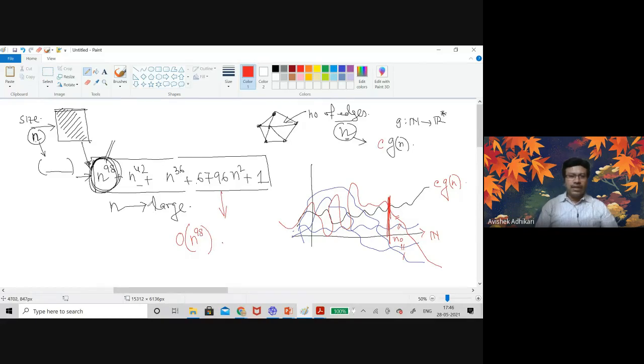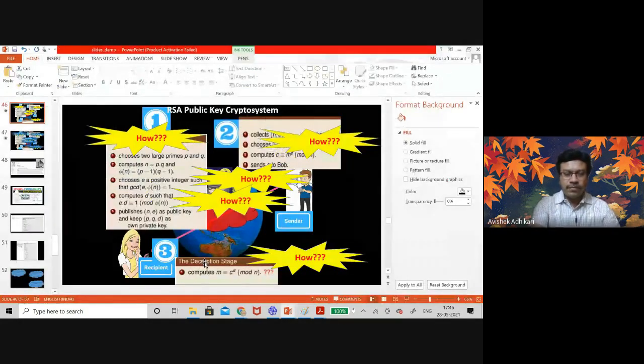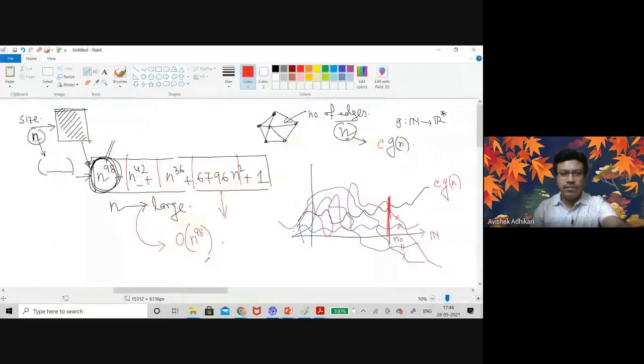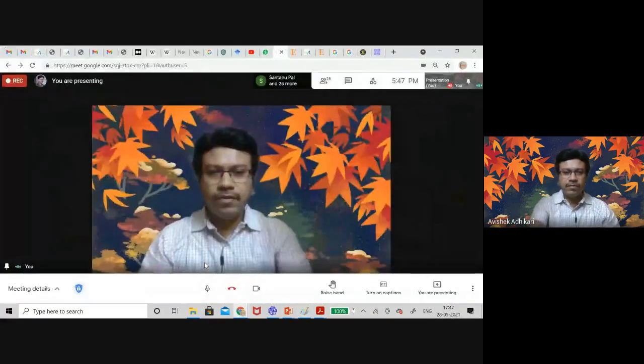In that case, you do not need to find the exact values. You can provide an expression of this upper bound that will give you the idea. Is this clear to all of you? Is the notation or idea clear to all of you?